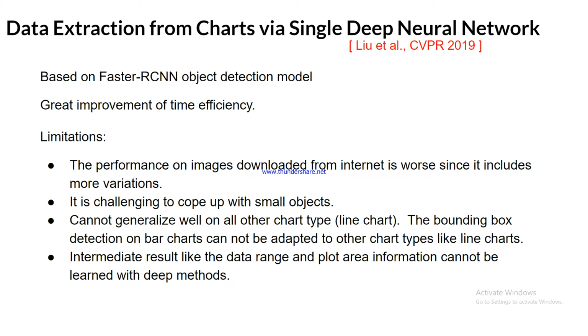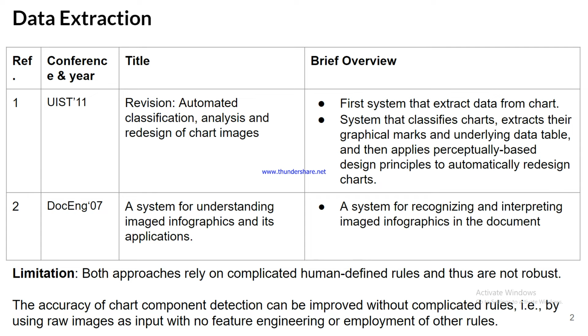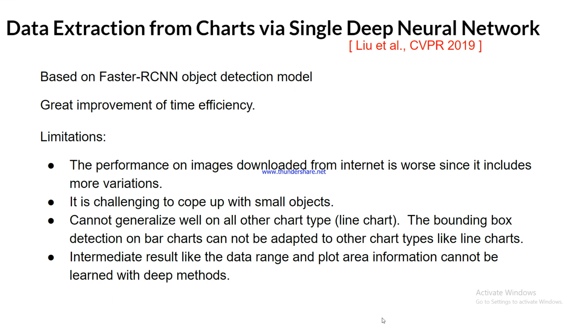To cope with those previous limitations, Liu had proposed a paper in CVPR 2019 on data extraction from charts by a single deep neural network. That was based on Faster R-CNN, an object detection model, and there was a great improvement in time efficiency, but there were also some limitations.